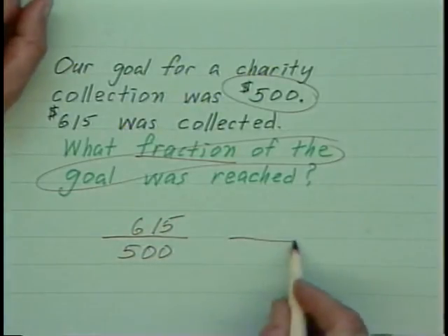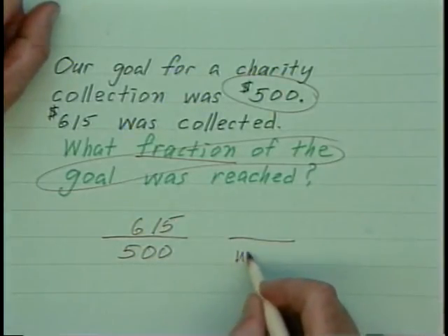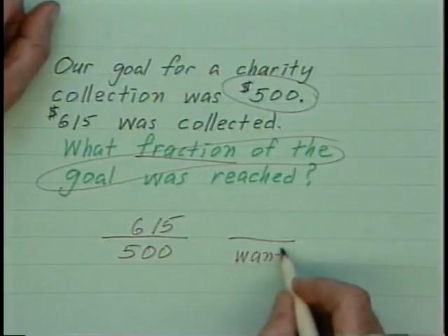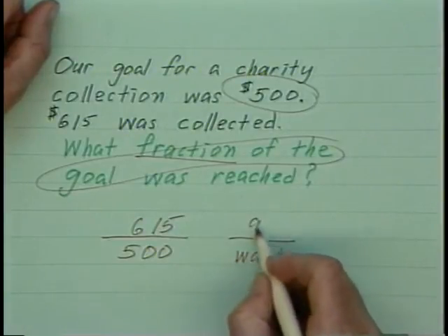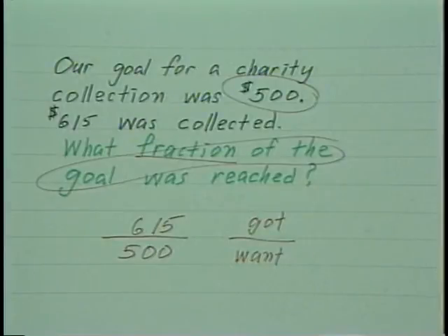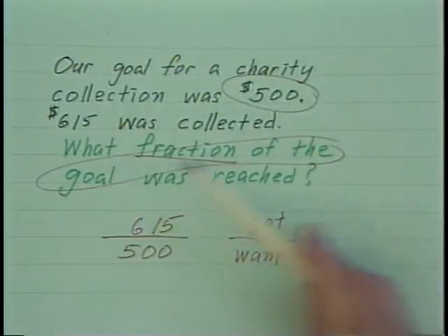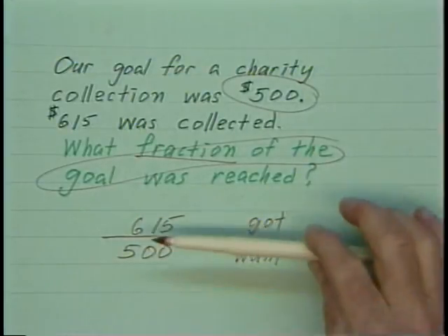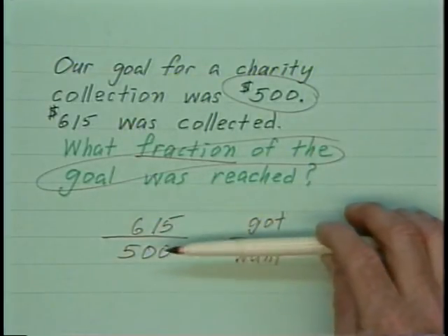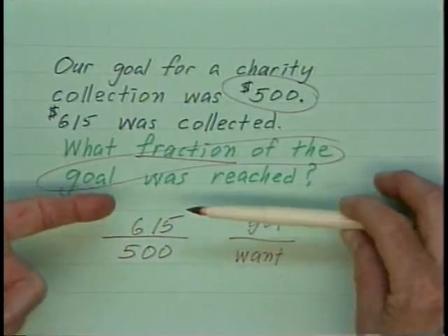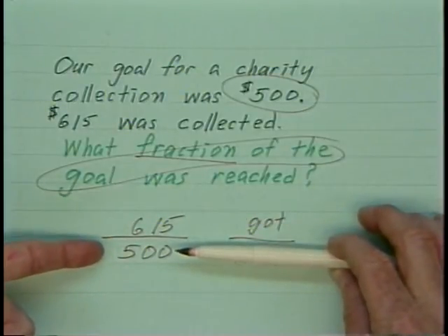Please note then, this gives us a feel for what's happening. If the bottom in this case was what we want, and the top was what we got, then if the top is less than the bottom, obviously we got less than what we want. If the top is bigger than the bottom, then that means we actually worked hard and got more than the whole that we wanted.